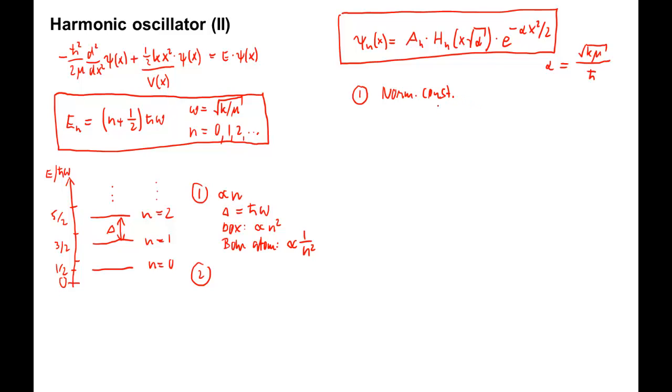and it is given by a_n equals 1 over the square root of 2 to the power of n times n factorial times (α over π) to the power of 1/4. It clearly depends on the quantum number n. The second factor, H_n, is called the Hermite polynomial.